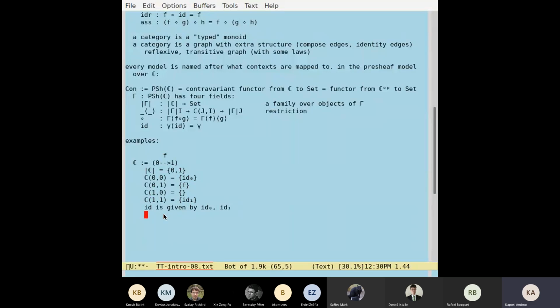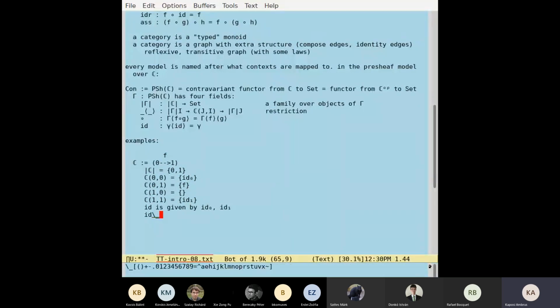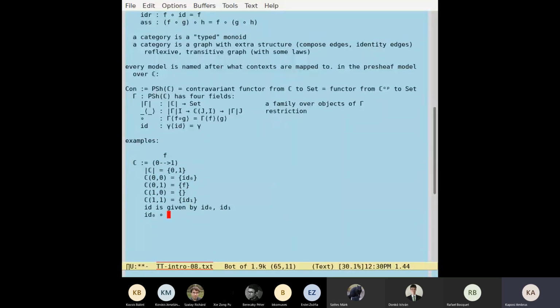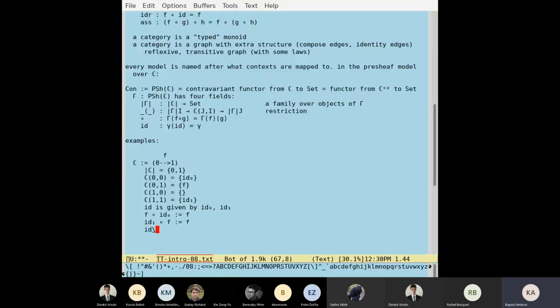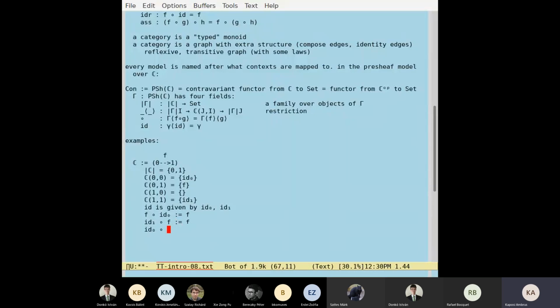So for example, we can start with ID 0, and compose it with F. That's defined to be F, and it must be F because of the identity law anyway. So here we don't really have a choice. We can also compose F with ID 1, which is also F. We can obviously compose ID 0 with ID 0, which is ID 0.